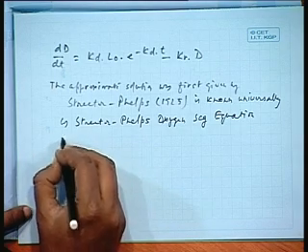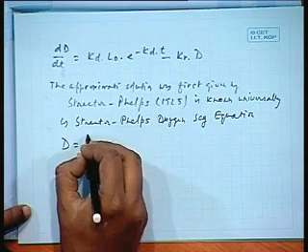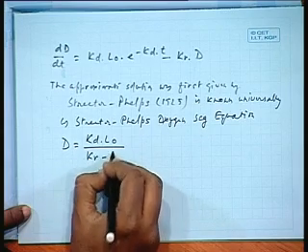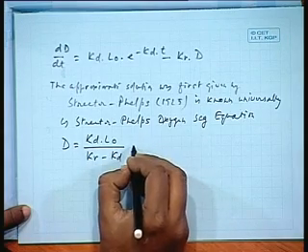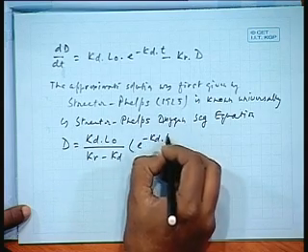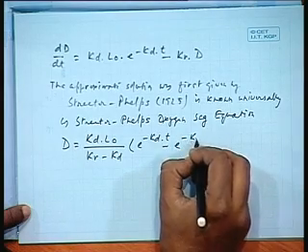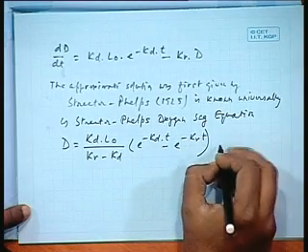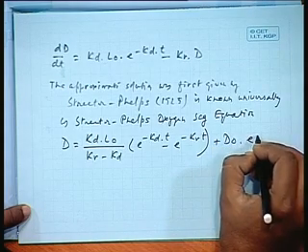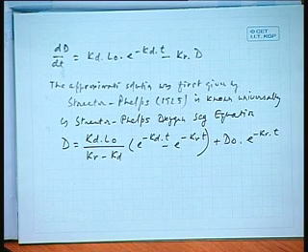The solution that Streeter-Phelps gave is D = kd L0 / (kr - kd) times (e^(-kd t) - e^(-kr t)) plus D0 e^(-kr t).